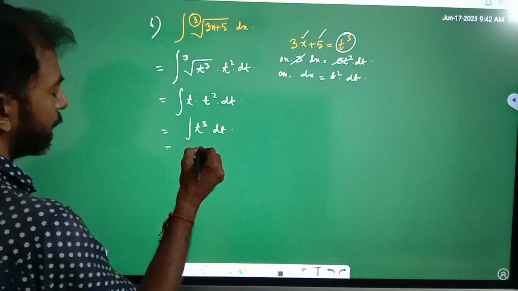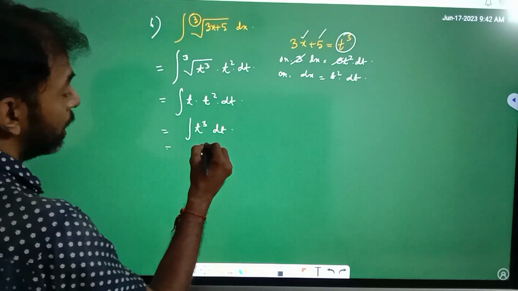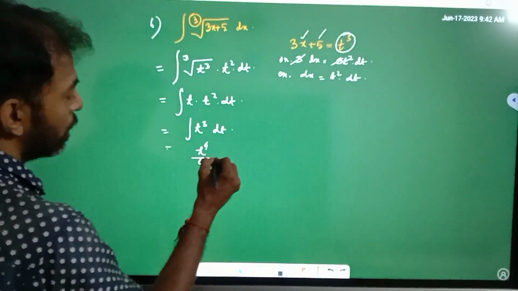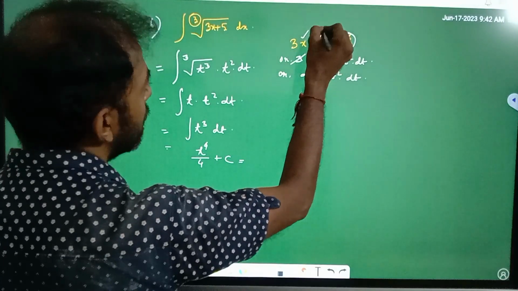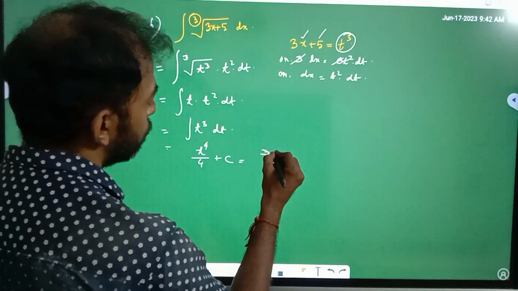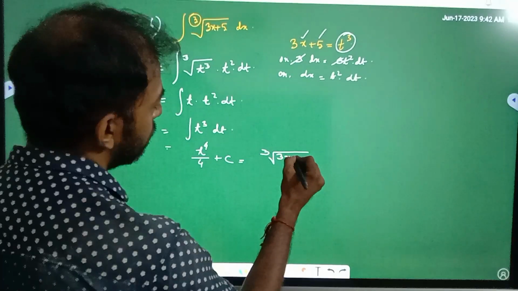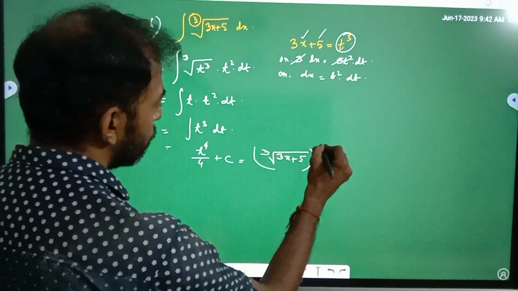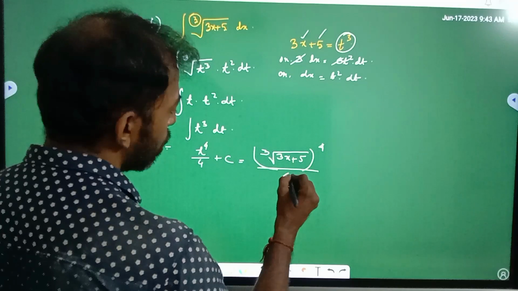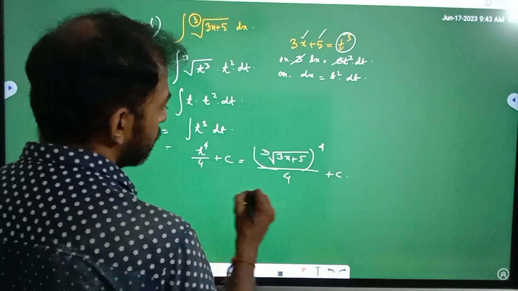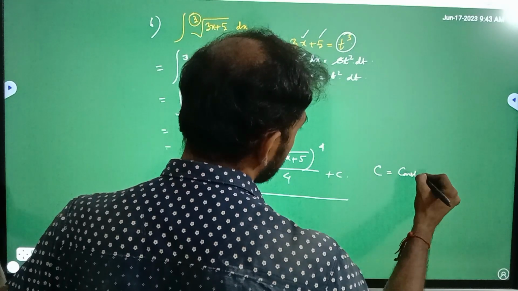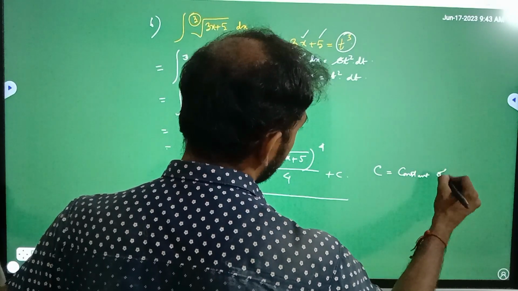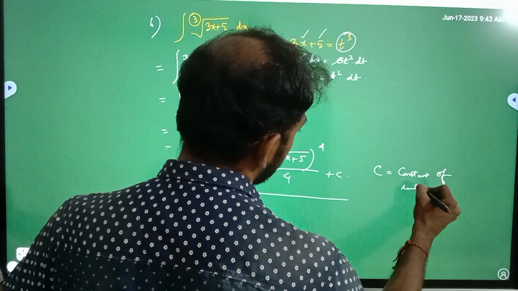The integration of t cube is t power 4 divided by 4 plus c, and the value of t is the cube root of 3x plus 5, so the answer is (3x plus 5) whole power 4 divided by 4 plus c, where c is the constant of integration.